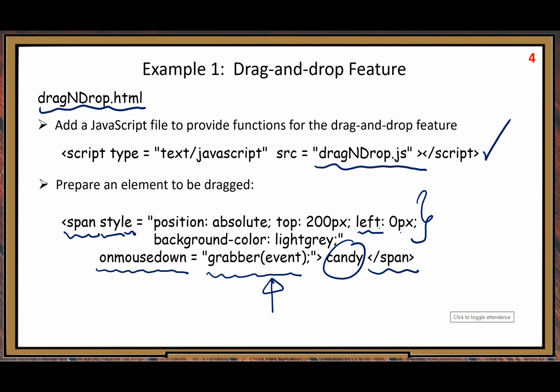Px is the length unit. So the element dot style dot left will return this 0px, the whole thing. The next one, the element dot style dot top, will return 200px, the whole thing.